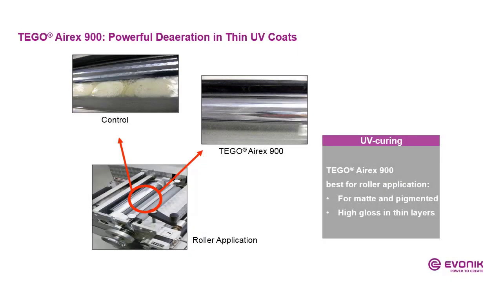Here's another example of TEGO Airex 900 in a thin UV coating system. In this particular roller application, you can significantly see the improvements in terms of deaeration. Therefore, it is safe to say TEGO Airex 900 works best for both matte and pigmented systems and also for high gloss thin layers.